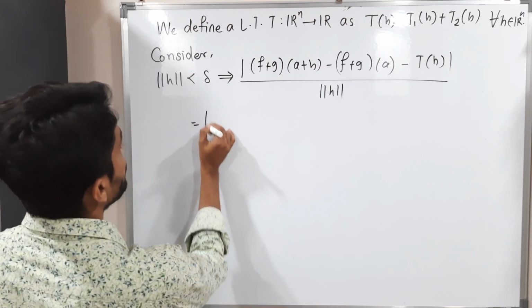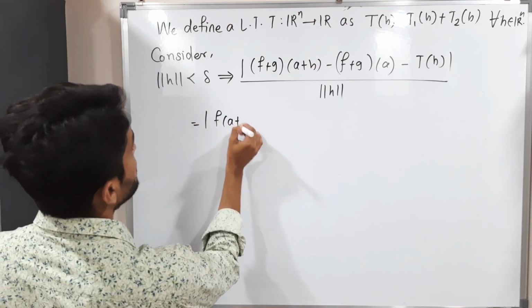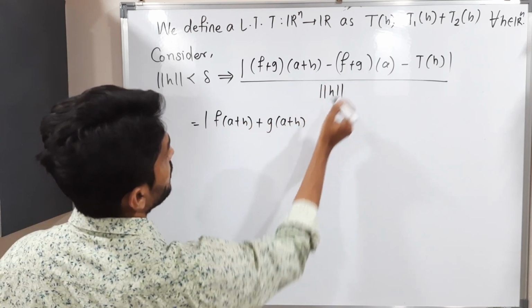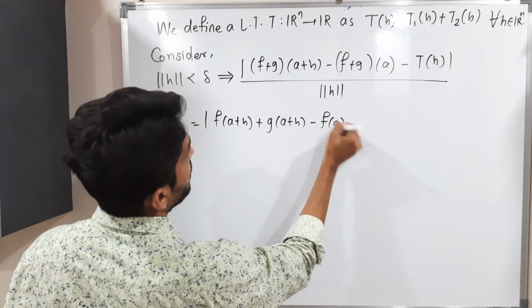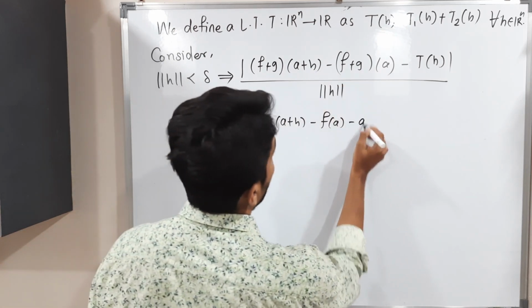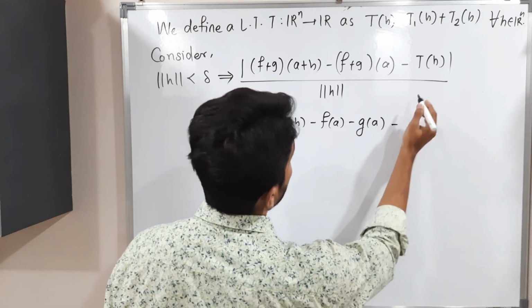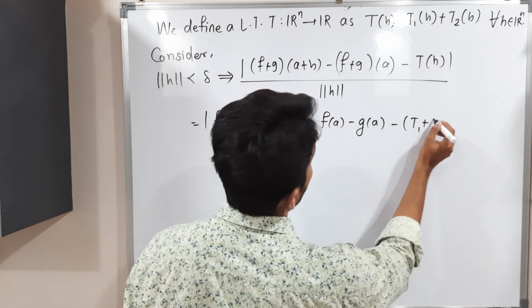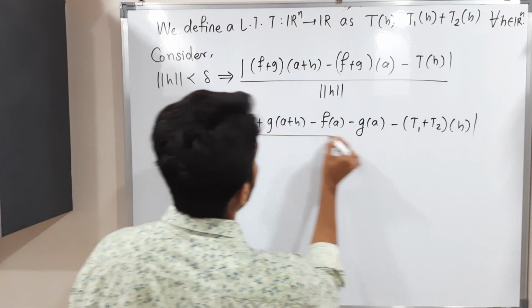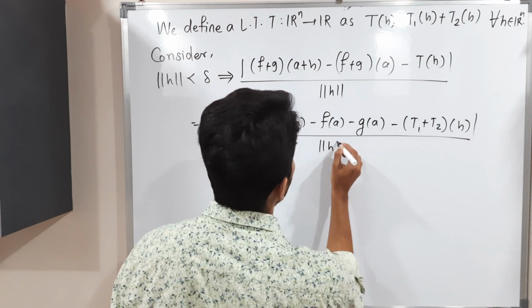This is equal to mod of f of a plus h plus g of a plus h, minus f of a, but there is a minus sign outside, so that sign will get changed, minus g of a, minus t of h, and t of h means t1 plus t2 of h, whole divided by norm h.